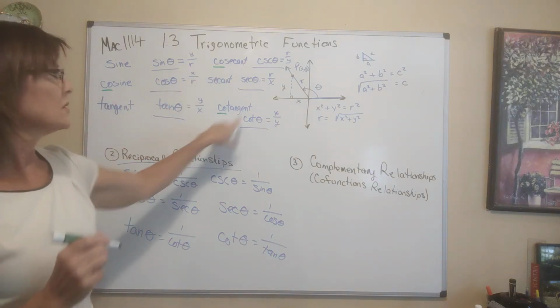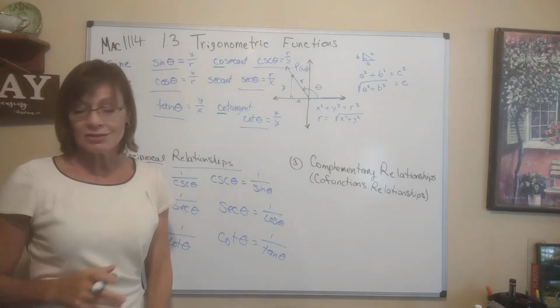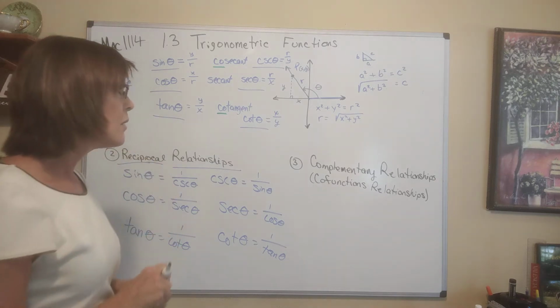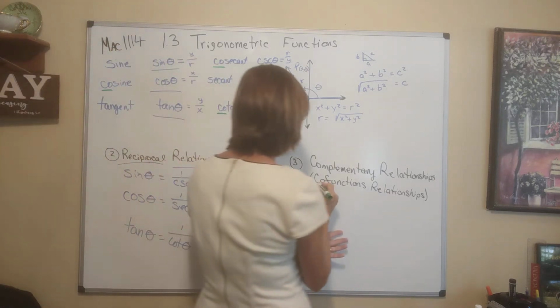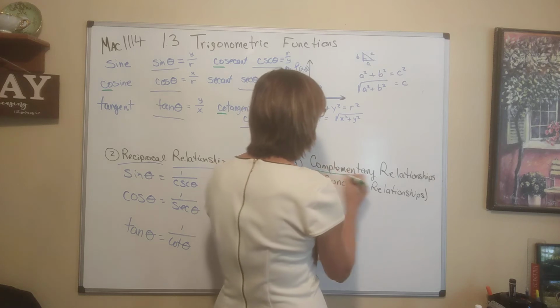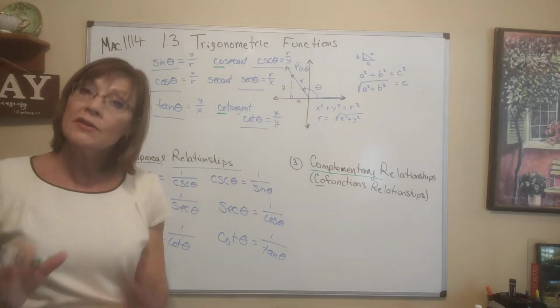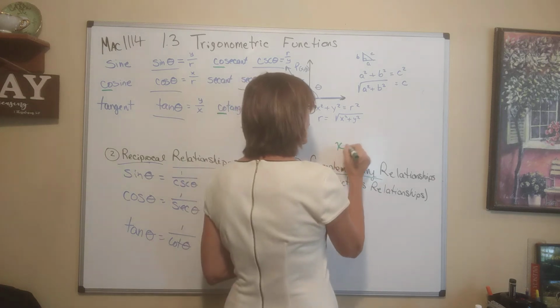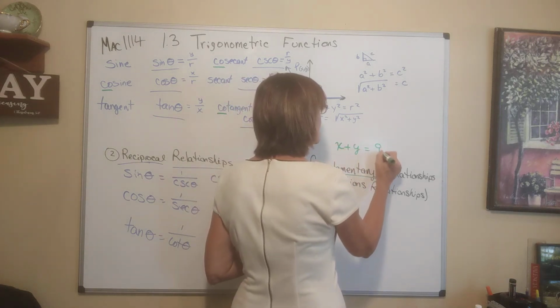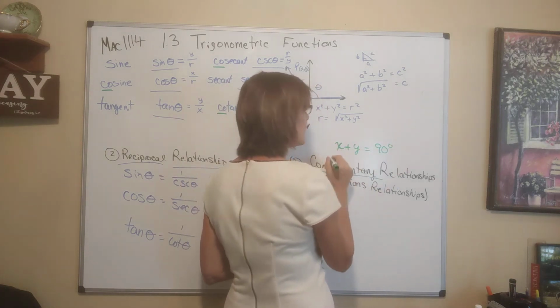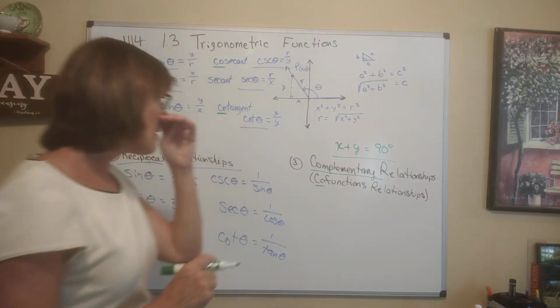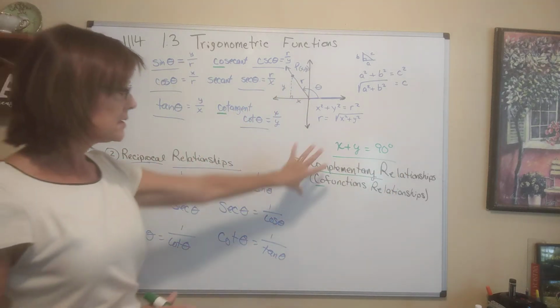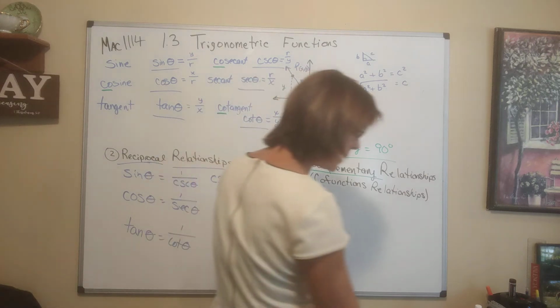The cofunctions are another way we can relate these trig functions together. I also have something called complementary relationships. If you remember what complementary angles are, it's 2 angles, x plus y, that add up to be 90 degrees. This is what complementary means. Remember that? So, what can we say about this?